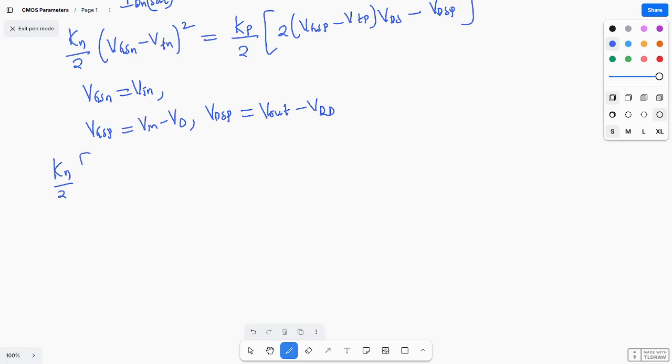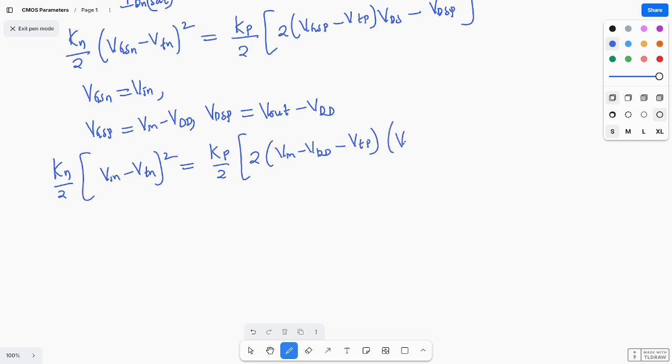Kn by 2 times (Vin minus Vtn) whole square, that is equal to Kp by 2 times [2 into (Vin minus VDD minus VTP) into (Vout minus VDD) minus (Vout minus VDD) square].